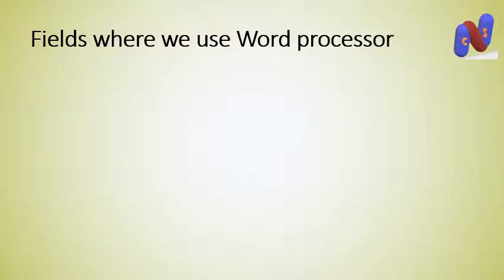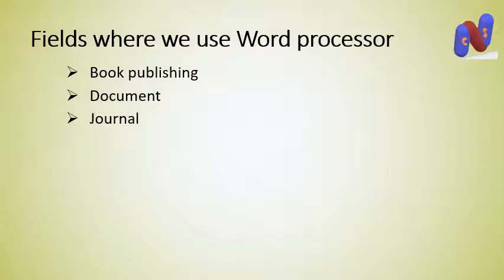Now, fields where we use word processors. We can use a word processor in book publishing. We use it to create documents, to create journals, and to write letters also.